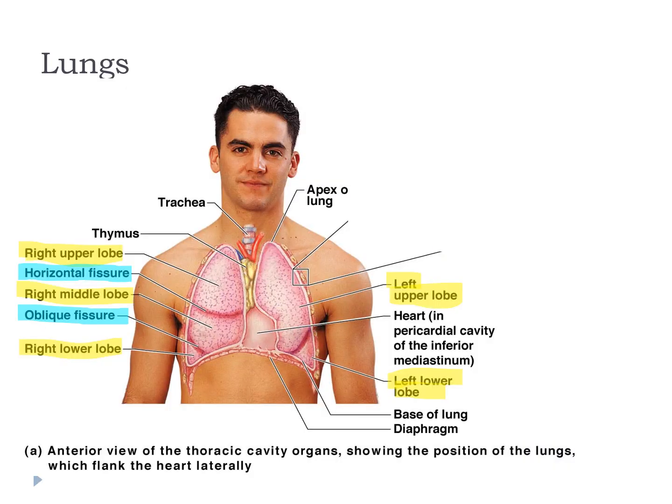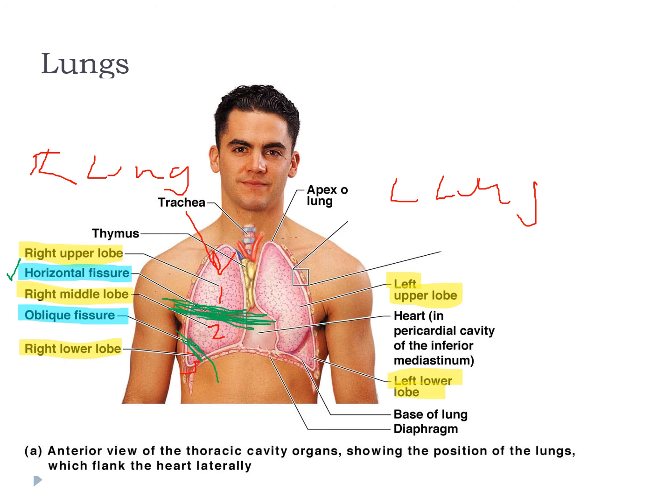Okay, so now we can see the right lung. They are just called left lung and right lung. Okay, so the right lung has 1, 2, 3 lobes. And because it has 3 lobes, that means it has 2 fissures, not just one. So since we have 2 fissures, we name the fissures. The superior fissure is called the horizontal fissure, because compared to the other fissure, it's more horizontal.